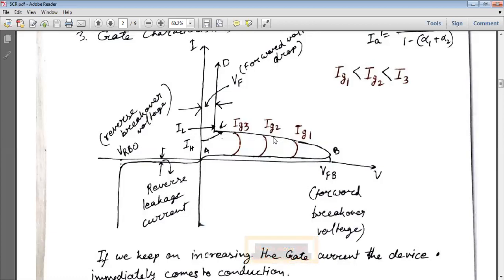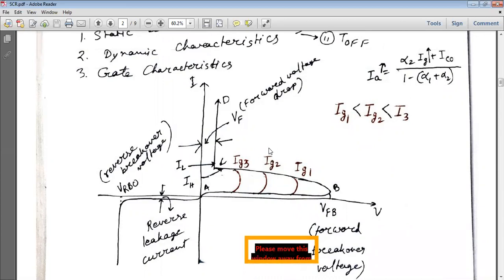And after having this voltage VFB, it comes to conduction. This portion, from C to D, is the forward voltage drop, or the conduction state of the thyristor.